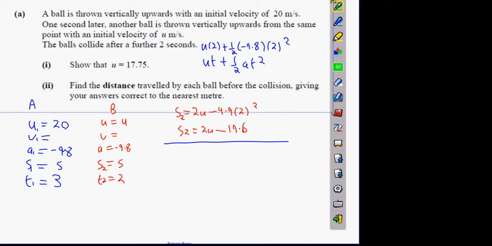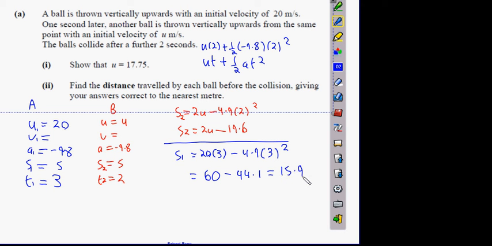For the other one, s1, what we're going to get here is 20 times 3 minus 4.9 times 3 squared, and then we're going to get a 60. What's 4.9 times 9, anybody? Yeah, 44. Was it? Yeah, 44. Fair play. And then take them away from each other.